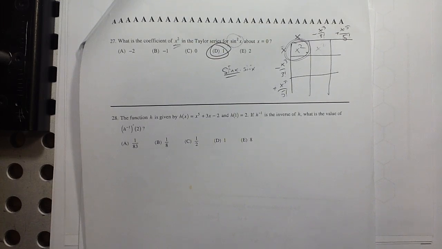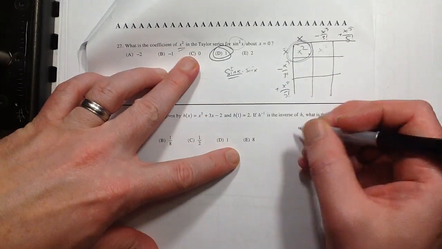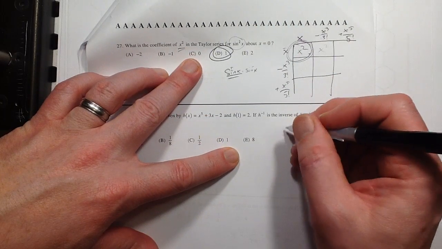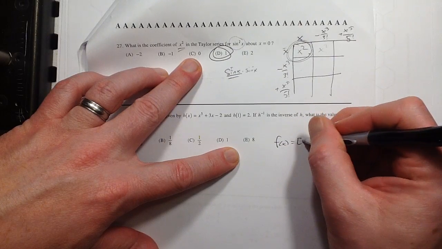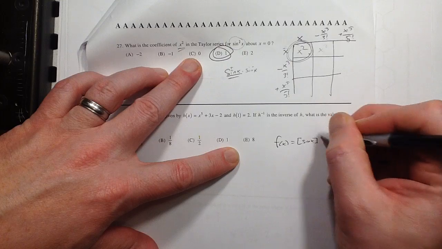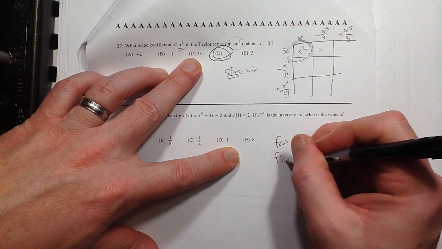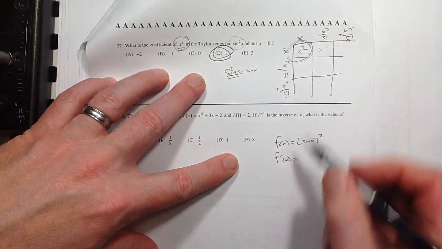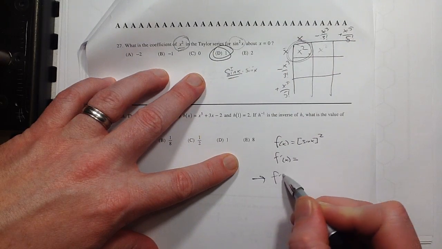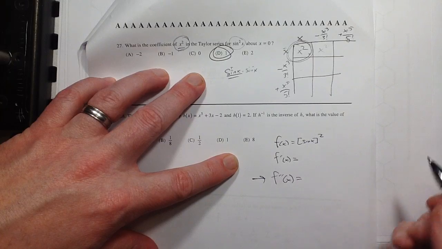You want to see it the way, like making it from scratch? All right. So if f of x is equal to sine squared of x, then f prime of x, now we're interested in the coefficient for x squared, so that means we're interested in this term, right?